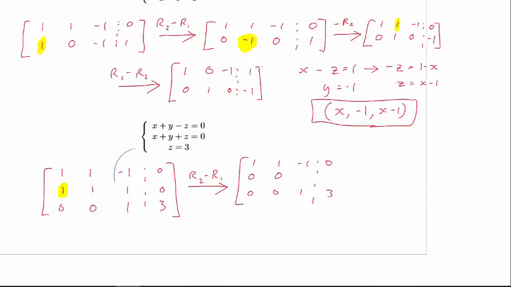Alright, so next one, 1 minus negative 1, that's going to be 2. Alright, next one, 0 minus 0, well of course that's going to be 0.